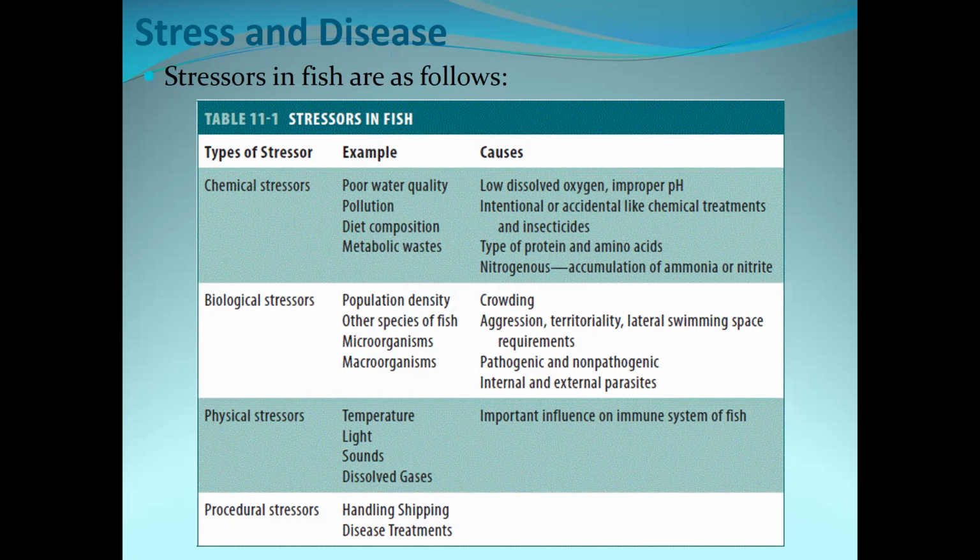It could cause stress on the herbivorous fish, which was minding its own business because it was not potential food, and the predatory fish could now be a biological stressor. So that's other species of fish. You also have aggression and territoriality, and all of these things will affect the fish. You have microorganisms and macroorganisms. All of these are biological stressors on your fish.